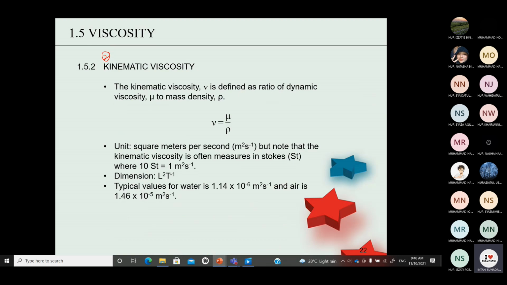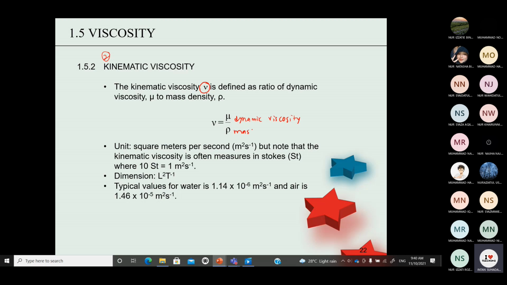Kinematic viscosity, whose symbol is v here, is defined as the ratio of dynamic viscosity to mass density.